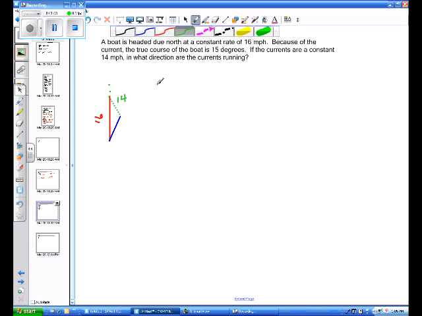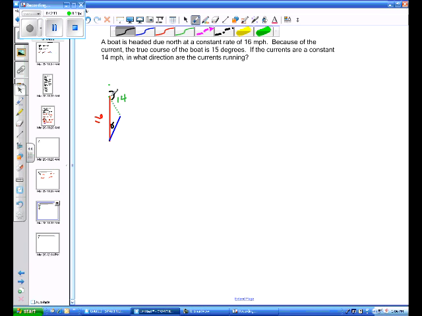Well, let's look at what we know. We've got that this angle inside is 15. We know that much. So what we have are two sides and an opposite angle. And we actually need this angle outside, because we need our heading, what direction the currents are going, and it always goes from north.